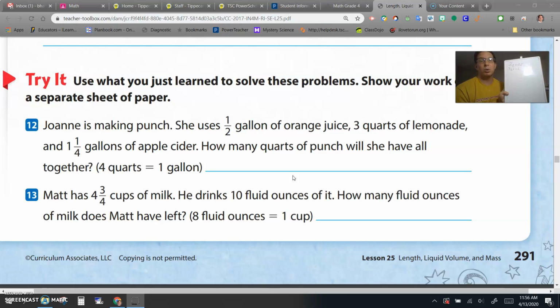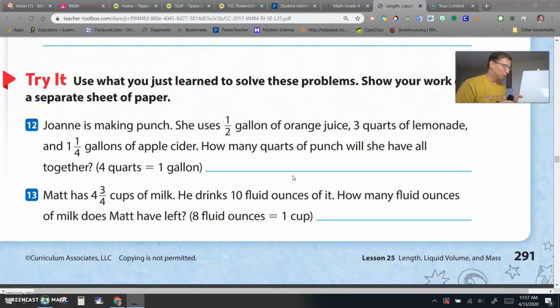So we have 1 quart plus 4 quarts equals 5 quarts. And that is apple cider. So now we just need to add up. 2 plus 3 is 5. 5 plus 5 is 10 quarts of juice. So 10 total quarts. And that is number 12.